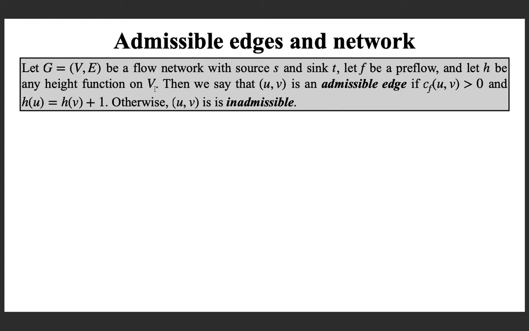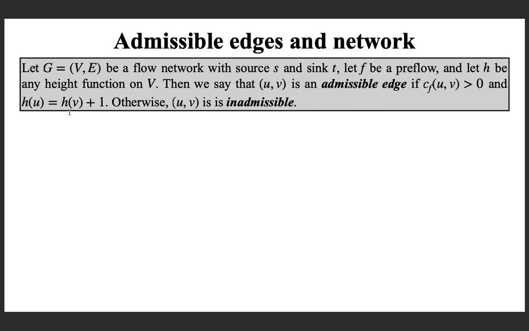I hope you remember these basic terms from the previous two lectures. Then we say that the edge UV is admissible if the capacity of that edge is greater than 0 and the height of u is 1 more than the height of v. That is, push is enabled.